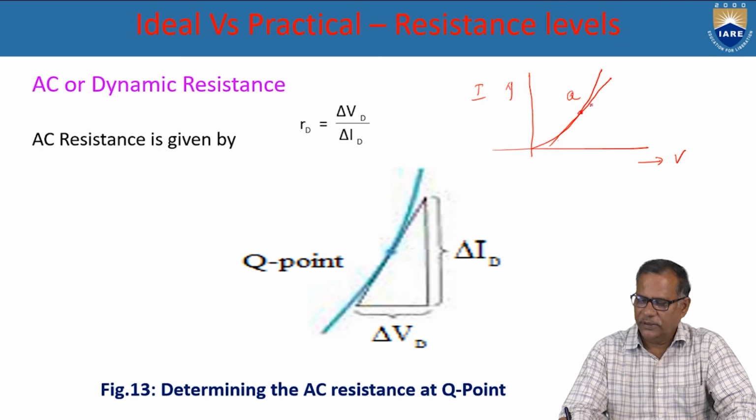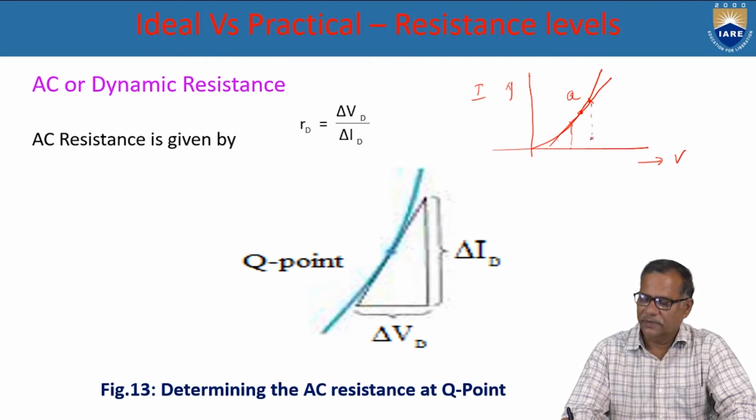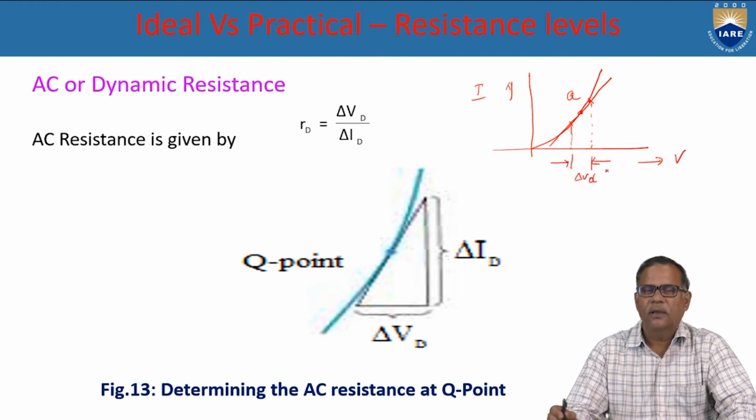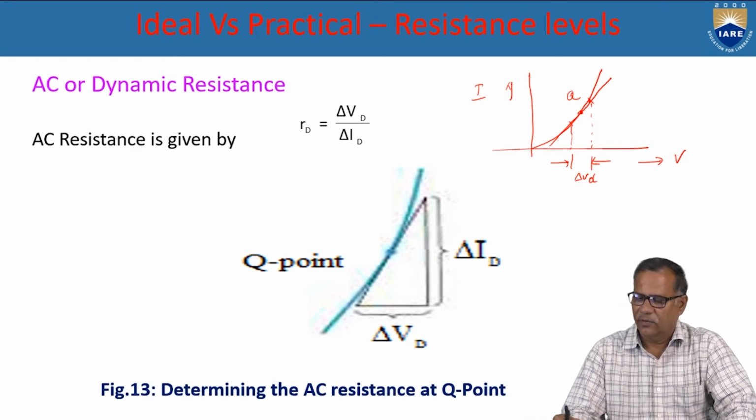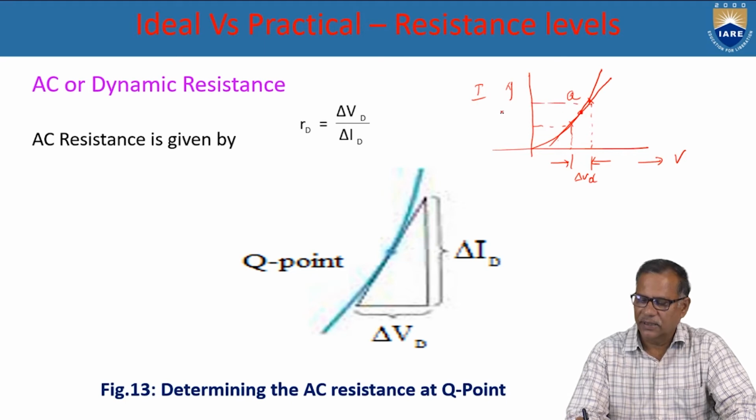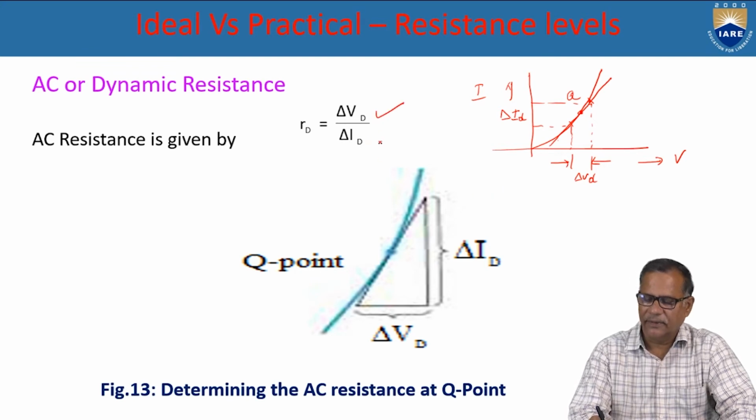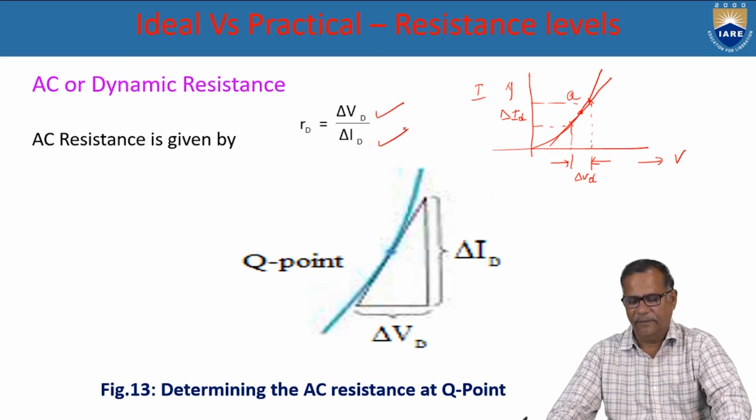So this is the Q point. Here let us take this one point, and this another point, and the difference between these two points will give us delta VD, the change in the voltage across the diode, which is going to cause change in the current through the diode. So this is delta ID. So the dynamic resistance RD is given by delta VD by delta ID.